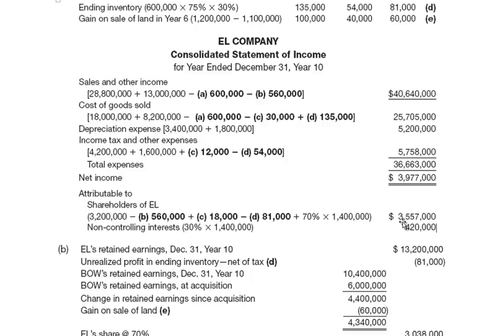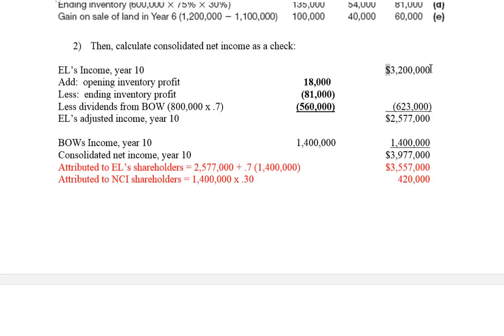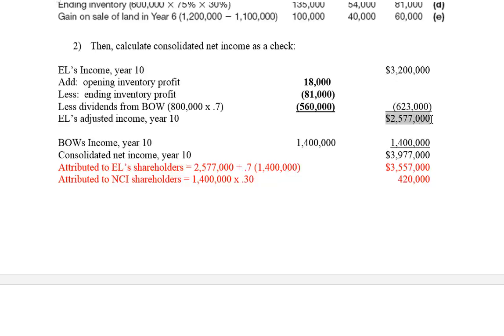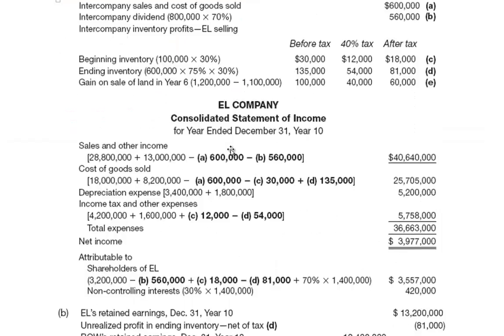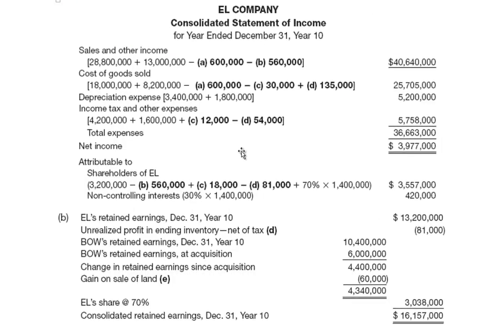So again, if you just want to scoot up there just to take a look, don't forget, we already calculated consolidated net income, in part by calculating the sub's adjusted income, and then adding to that the parent's share of the sub's adjusted income, and that would give you $3,557,000. I just think this is a much more straightforward way of coming to the parent's shareholders' share of consolidated income instead of doing it down here.